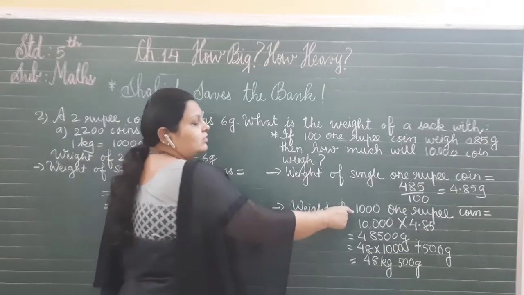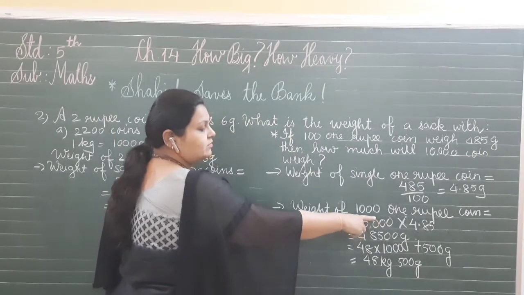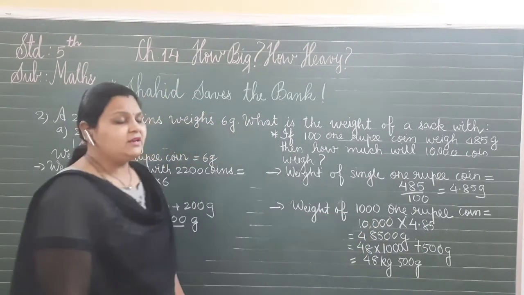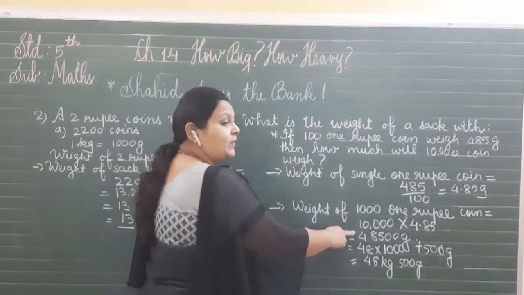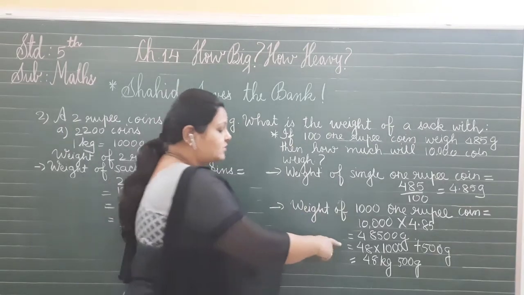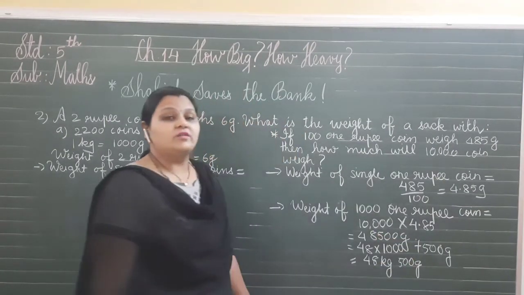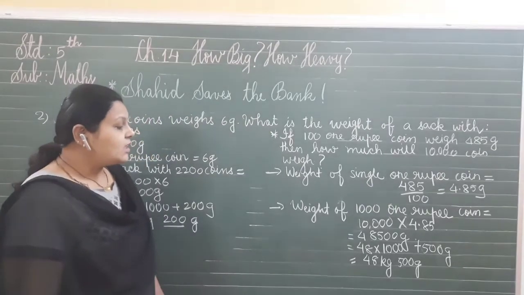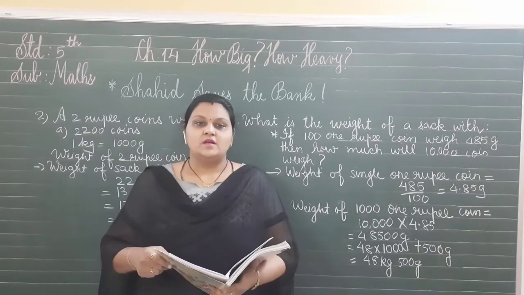Weight of 10,000 coins is equal to 10,000 multiplied by 4.85. That is 48,500 gram. Now we will convert this into kilogram and gram. So 48 multiplied by 1000 plus 500 gram. That will be 48 kg and 500 grams.